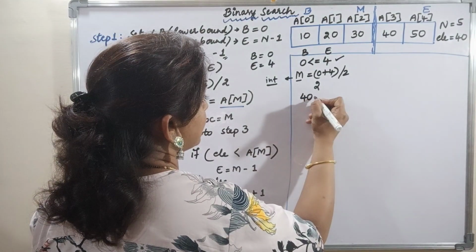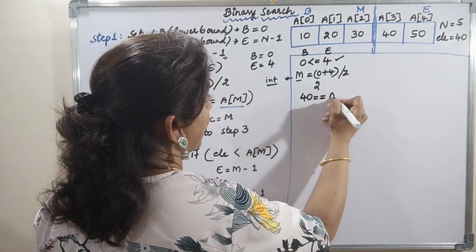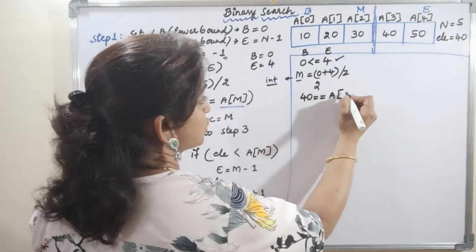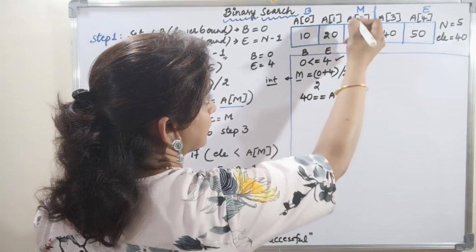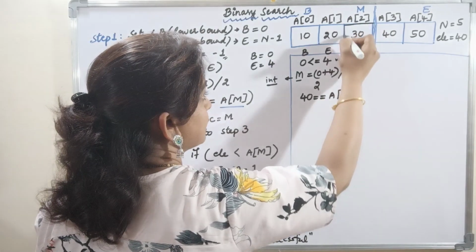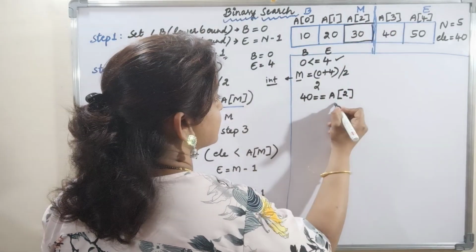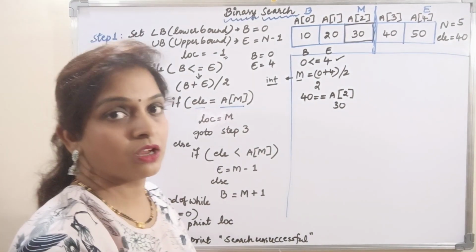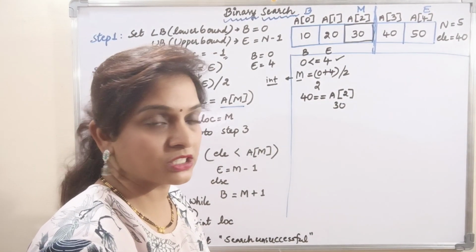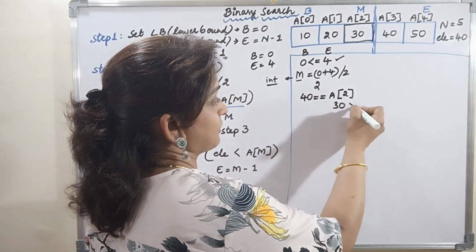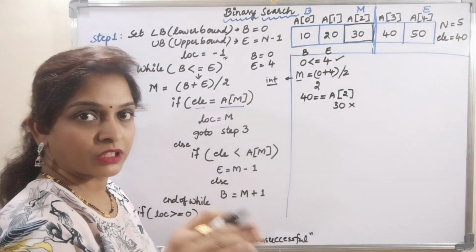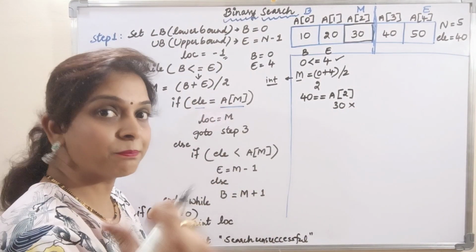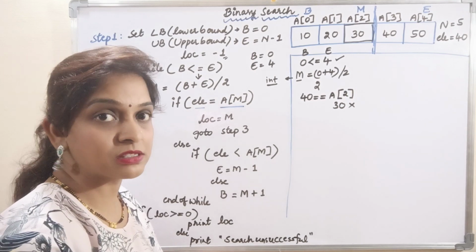Is 40 equal to A of M? M means 2. What is A of 2? That is the mid element, which is 30. Is 40 equal to 30? No. My search element is not equal to the mid element. Condition not satisfied.